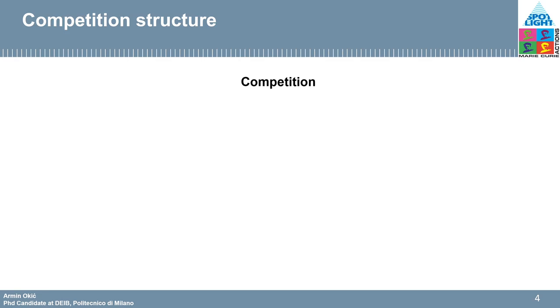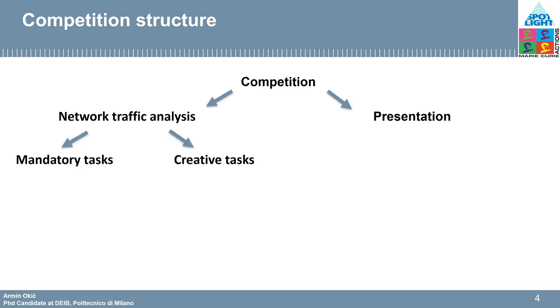Let's jump to the competition structure. The competition is organized in two parts. The first one is the network traffic analysis, and the second one is the presentation of the work done. The network traffic analysis contains two phases. The first phase is called the mandatory phase, where you need to do some mandatory tasks.